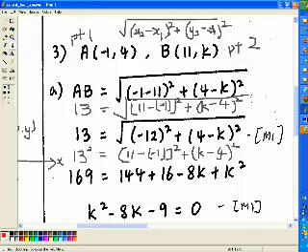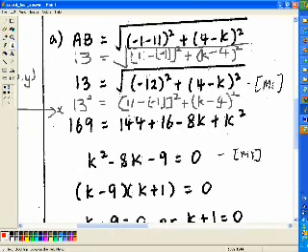If you do not believe me, you can press your calculator. 11 minus -1 will give me 12, and 12 squared will give you 144.